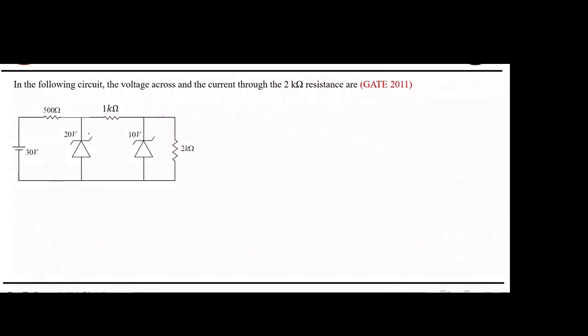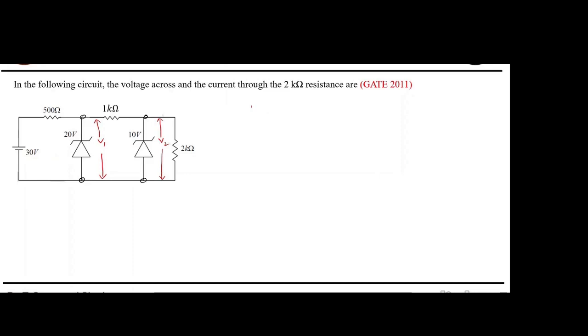Now see, how many Zener diodes do we have here? Two Zeners. So you remove these two, and you try to find the voltage across them. I will call it V1, and try to find the voltage V2. Then you can check. This looks very difficult, but it's just a one or two line solution.